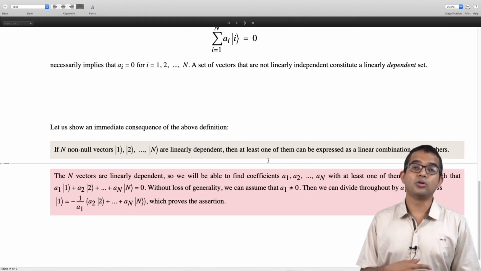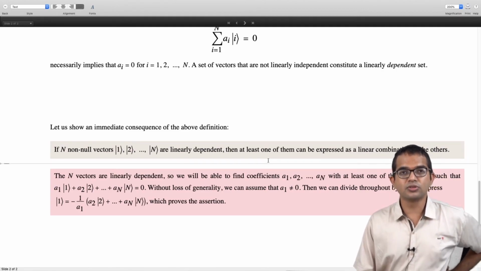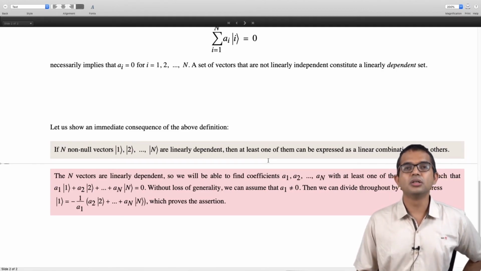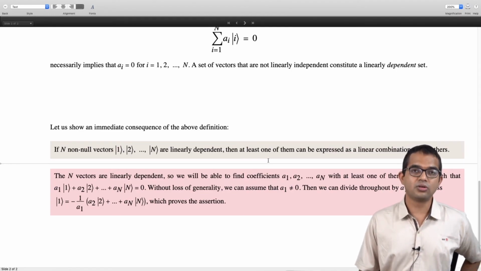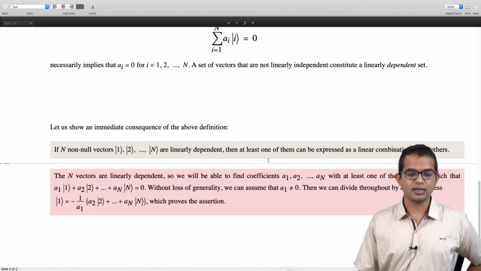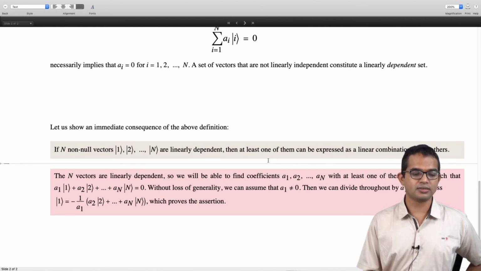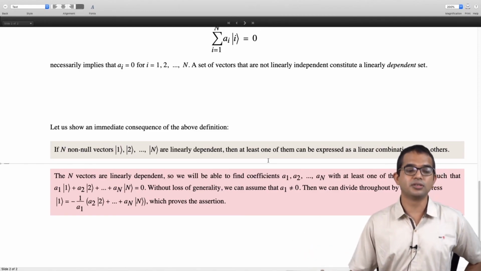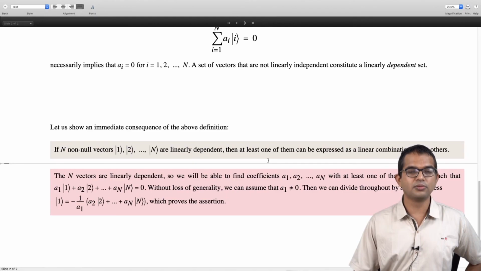Then we can divide throughout. So the point is that if one of these coefficients is non-zero, then it's legitimate to divide throughout by this coefficient a1, and then you can express vector 1 as minus 1 over a1 times all of this stuff on the right hand side. Of course, all the other coefficients are free to be 0. If they are 0, then this vector 1 itself will turn out to be 0.